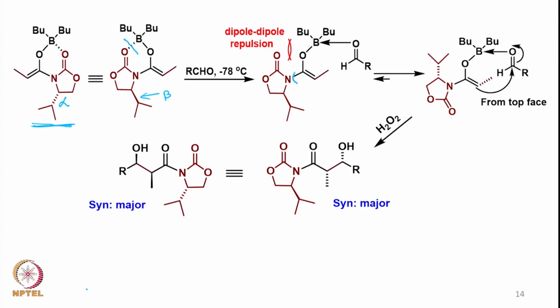There is a rotation around here so that the carbonyl group comes down. So now the dipole of this enolate is here, whereas this dipole is here, therefore there is no interaction between the two of them.